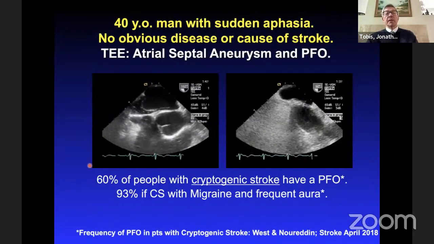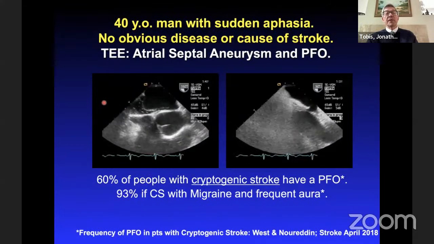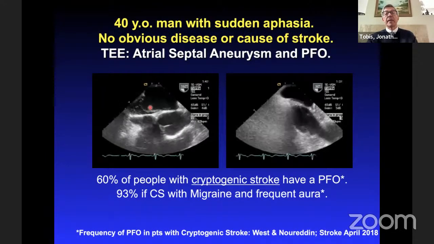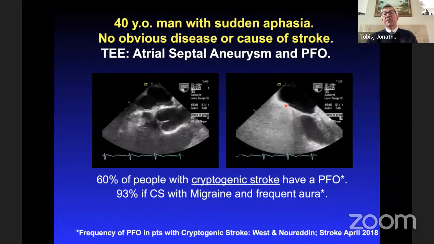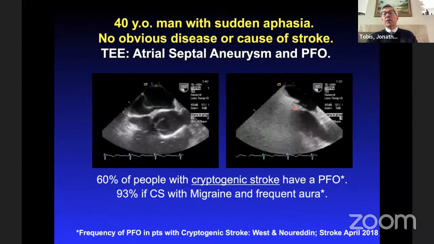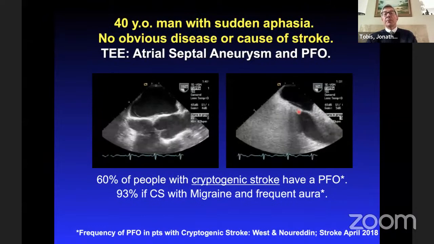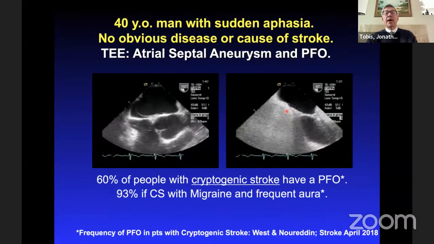So this is what it looks like. I'm sure you're all familiar with the transesophageal echo with an atrial septal aneurysm blowing out of the atrial septum over here. And the PFO, as seen on this agitated saline study, is mostly a tunnel rather than an ASD, where there's a separation between the septum primum and septum secundum.